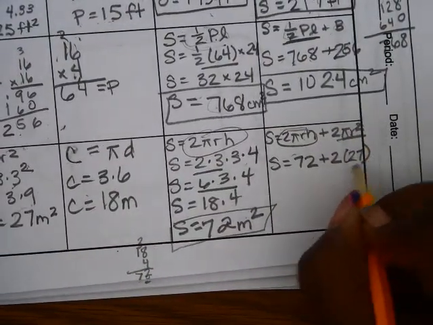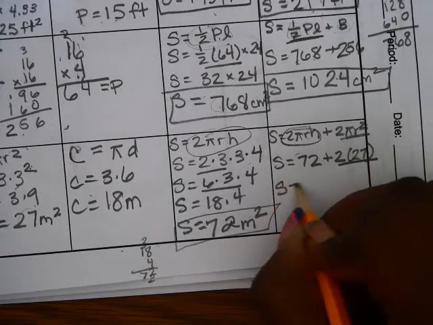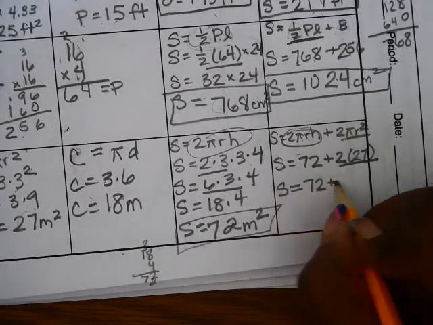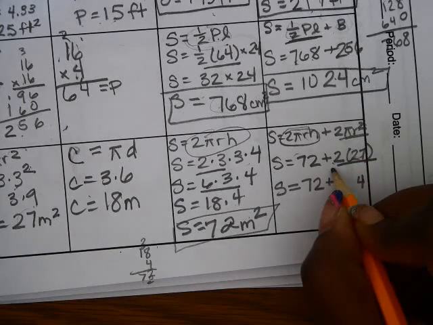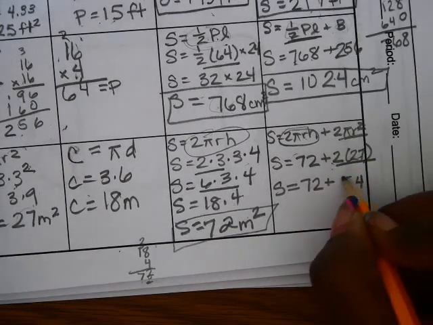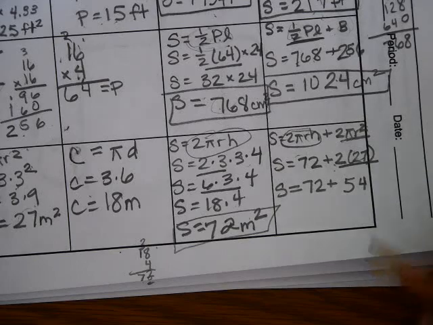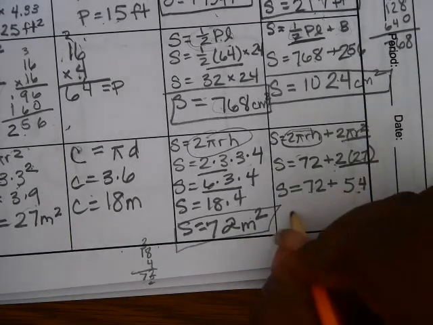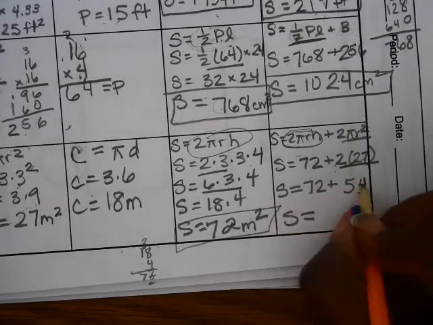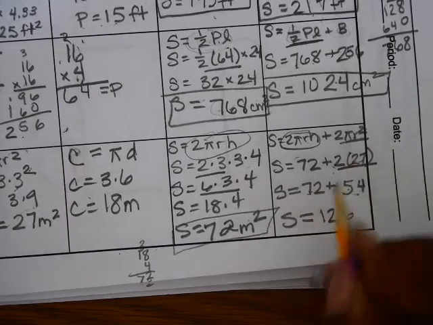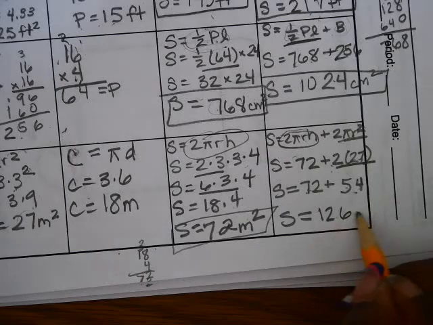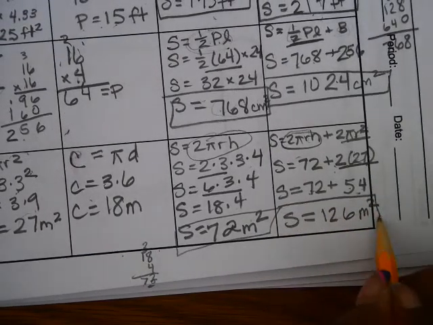So 2 times 27, I want to do that first because order of operations tells us to. 7 times 2 is 14. 2 times 2 is 4, plus 1 is 5. So now we want to add these two. 4 and 2 is 6, and 5 and 7 is 12. So 126 meters squared.